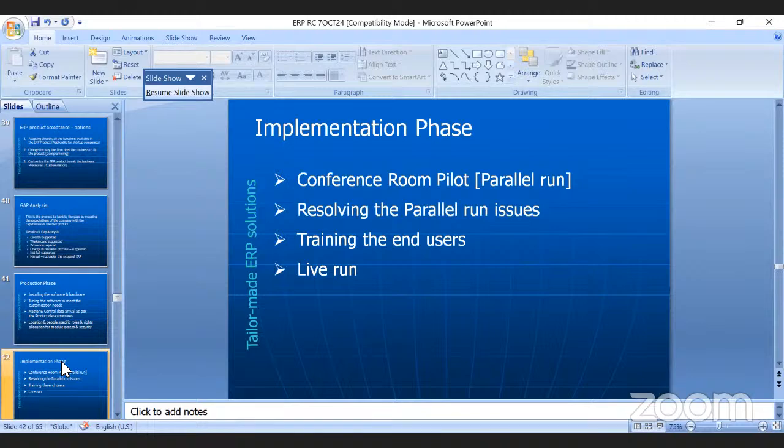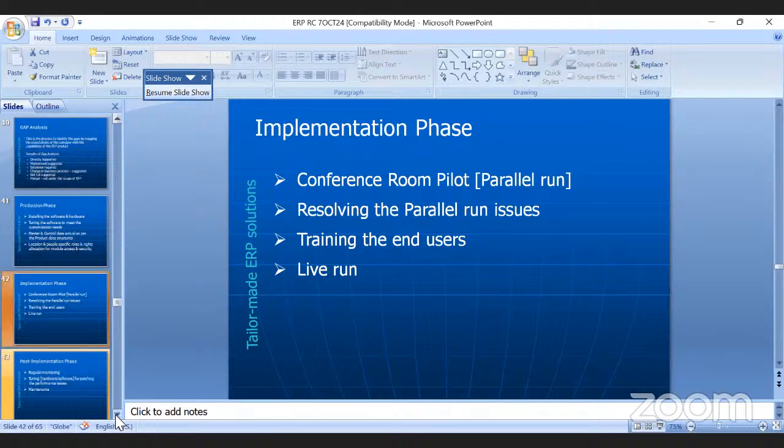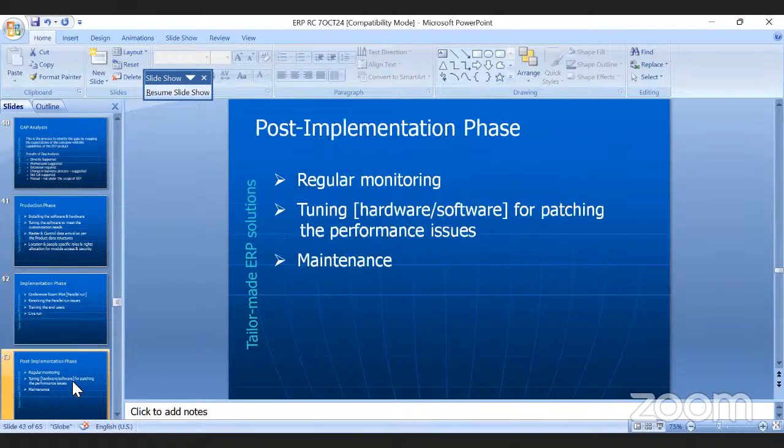Then after some time, you have to renew it; they'll take your credit card, or it gets automatically billed to your credit card if you continue after 30 days. Within 30 days, you have to disconnect it. That is the process in a pilot study. So what happens after implementation? Regular monitoring is required. Maintenance is required.